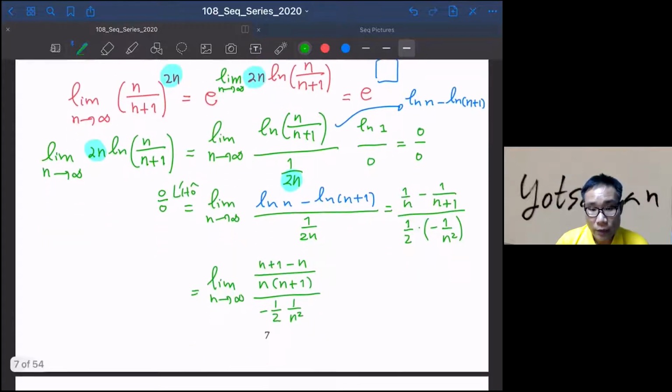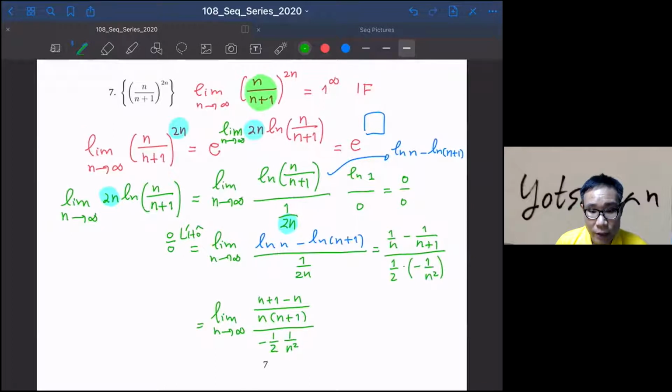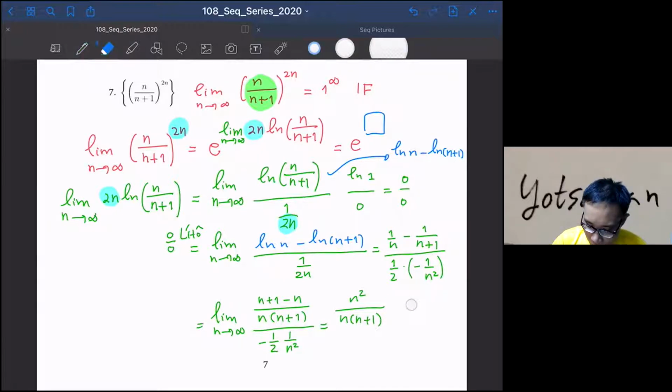The key thing is simplifying the term here. This will be n squared over n plus 1, and you flip the negative 2 up also, so you get negative 2n squared.